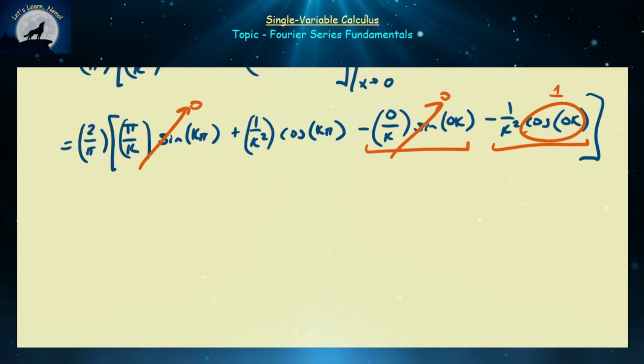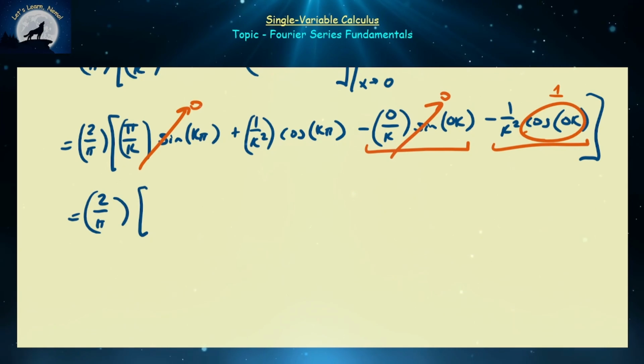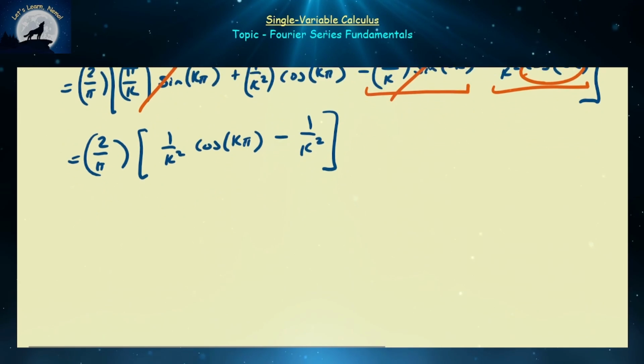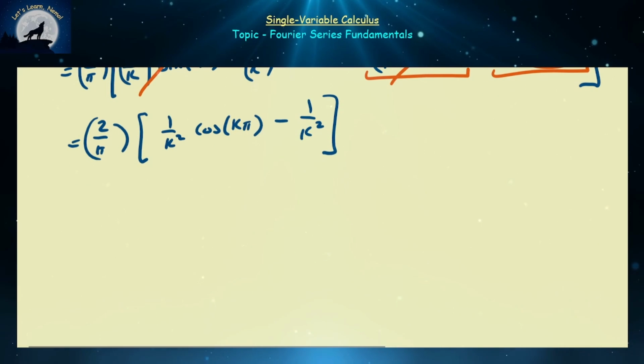So let's actually just simplify this. We have 2 over pi times, so we're left with 1 over k squared times the cosine of k pi minus 1 over k squared. So what can we do with this expression? Well, it's very obvious to see that 1 over k squared is a common term for both of these expressions.